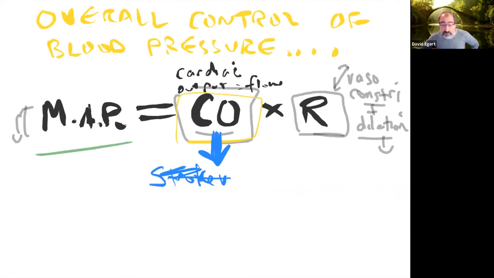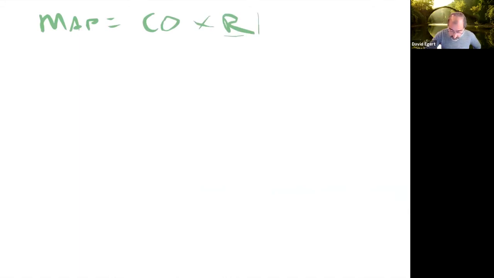So let's talk about each of these pieces and how they actually can be adjusted. So again, my mean arterial pressure is going to be cardiac output times resistance. Resistance we've kind of talked about. But cardiac output, as we've just talked about, is going to be stroke volume times heart rate.